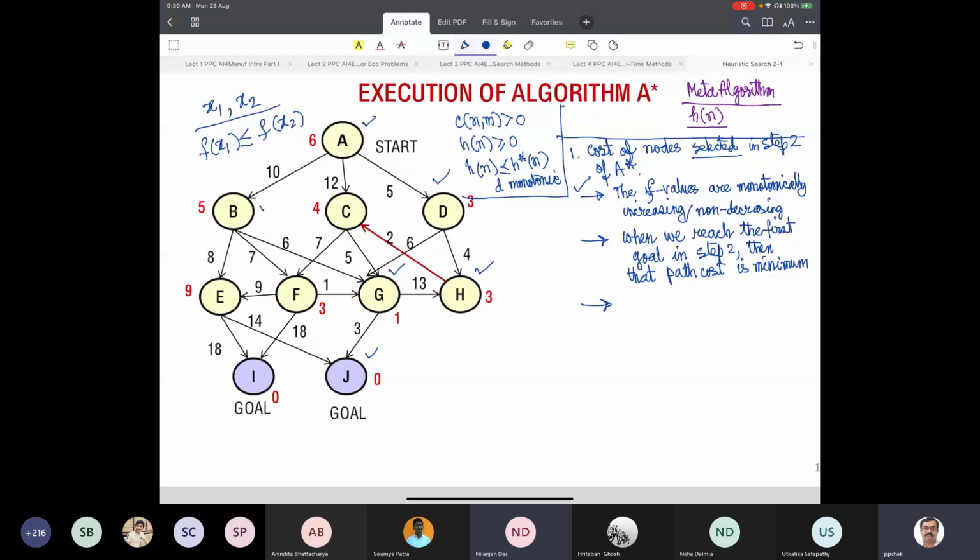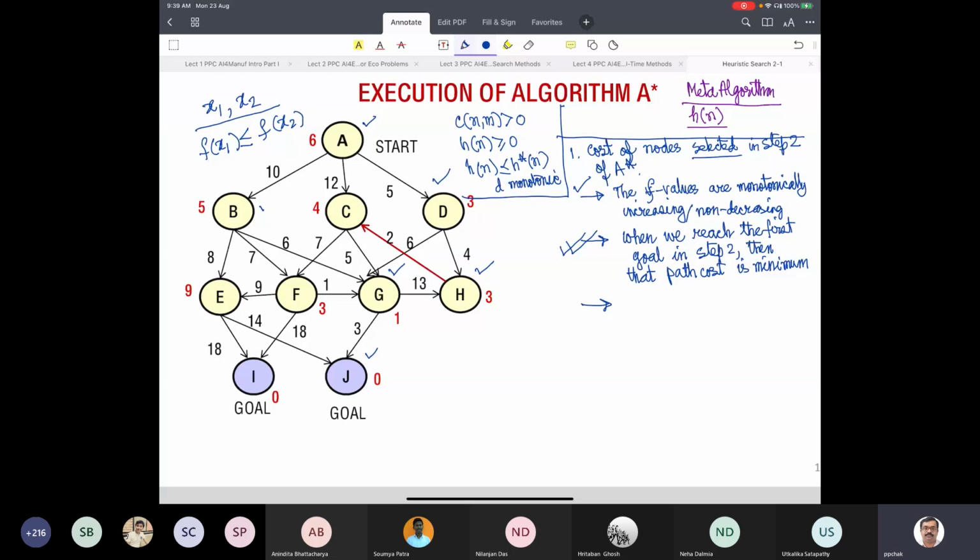So this is clear. Now let me state the second point: when we reach the goal in step 2, the solution we have is the minimum; we have reached the best cost. How will you prove it? What is the guarantee?